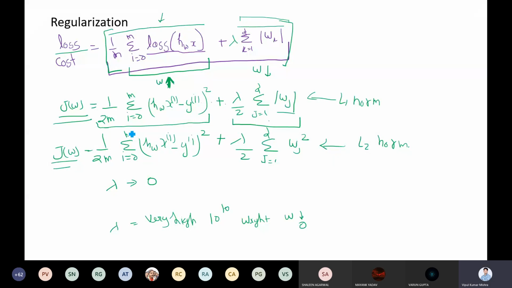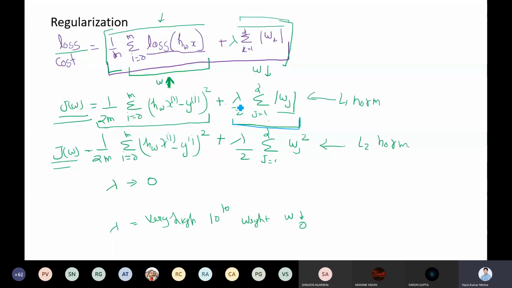If you are giving more weightage to this part when you increase the lambda value, this part will be the lowest one, because ultimately what gradient descent is doing is trying to reduce the loss value. If it is a minimization, then it will try to reduce, right?